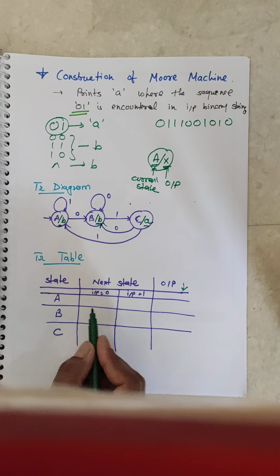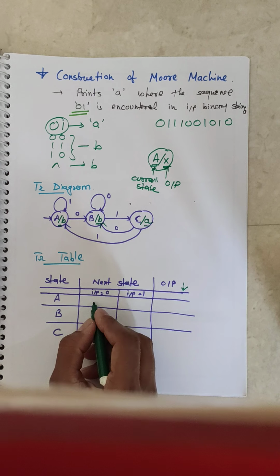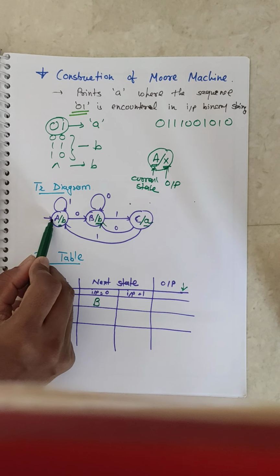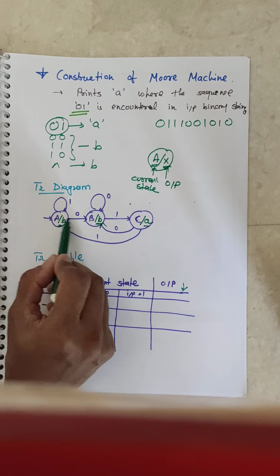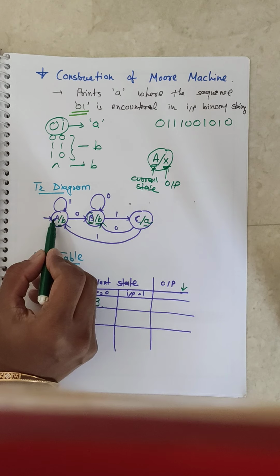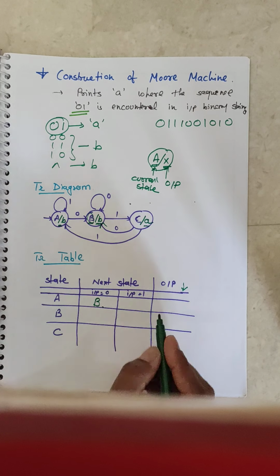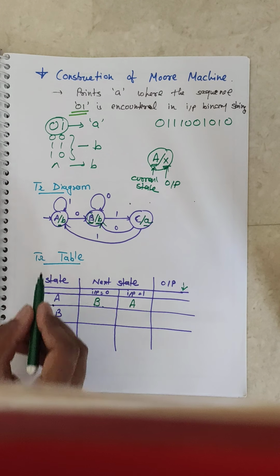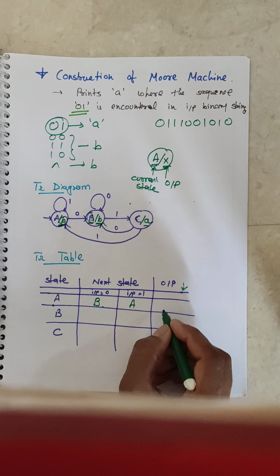Suppose we have state A. If the input is 0, the next state is B. If it is 1, the next state is A itself. And if the current state is A, what is the output? It's B.